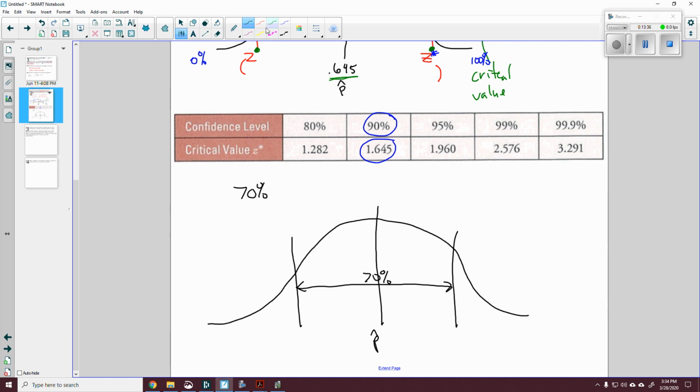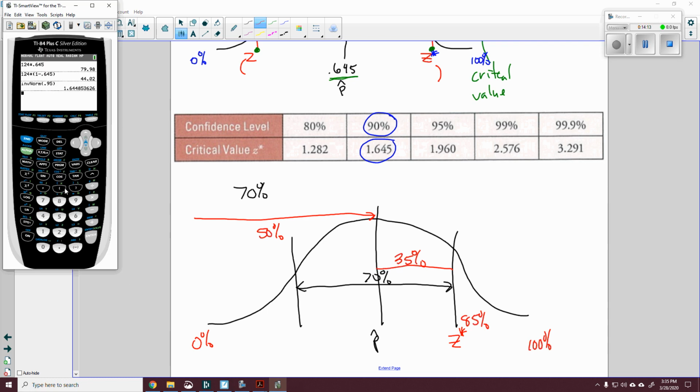So I'm going to do the same kind of logical thing. Over here is 0% of my data, and over here is 100% of my data. From 0 to the middle is always going to be 50%. From the middle to where I'm looking for my z asterisk is going to be half of 70, which is 35. So this is at the 85th percentile.